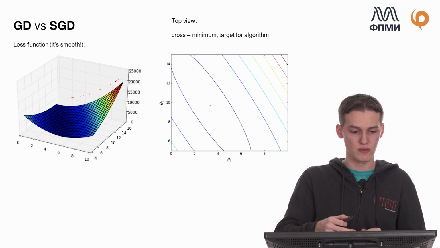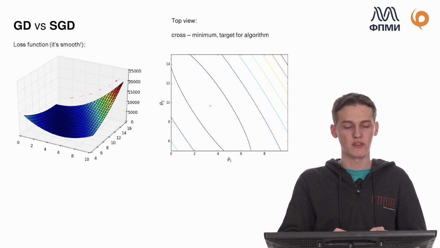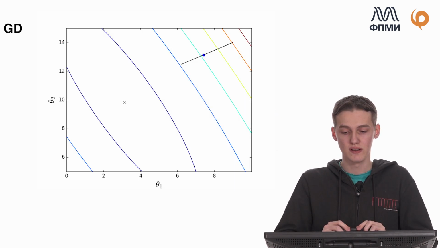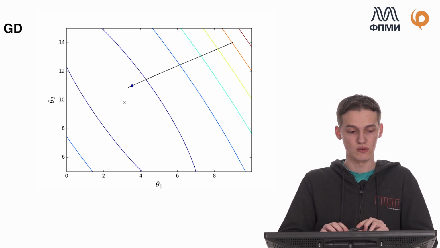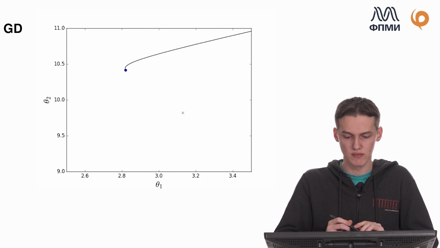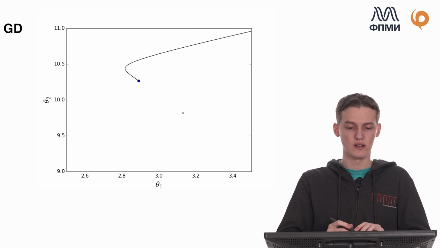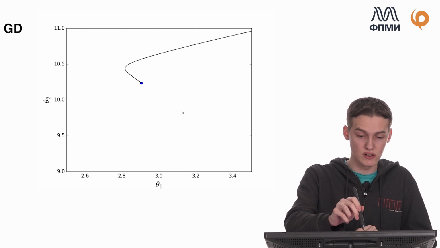Let's watch how both of these converge, and you'll get why stochastic gradient descent is quite better than gradient descent. Here you can see how gradient descent very confidently converges to local minima. But imagine it will have some pit on its way, and it will just get stuck in it. Let's move on to stochastic gradient descent.